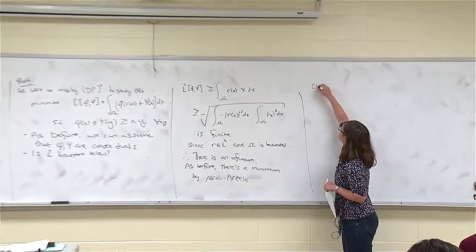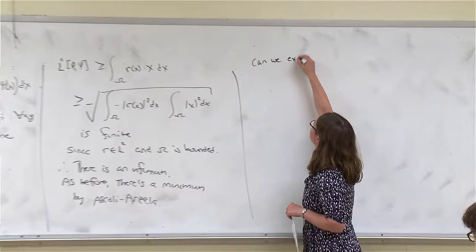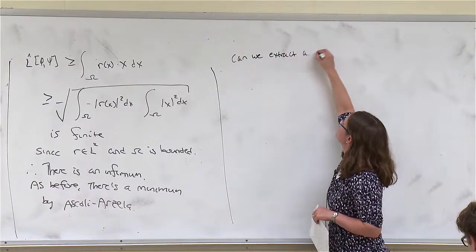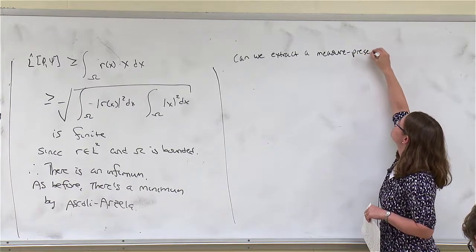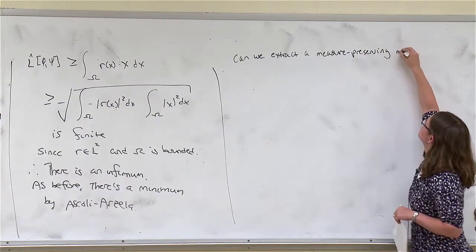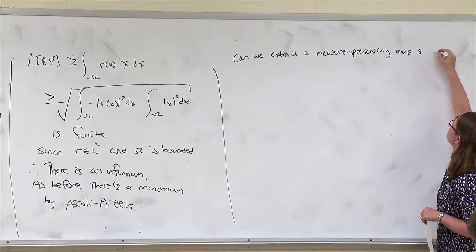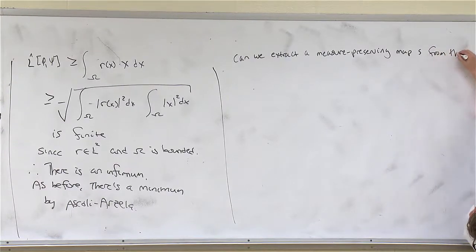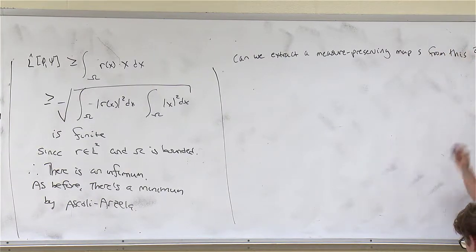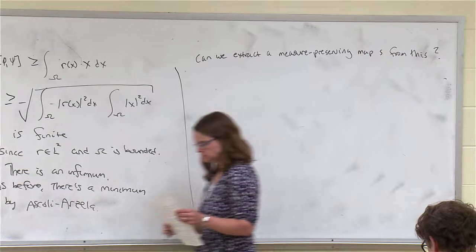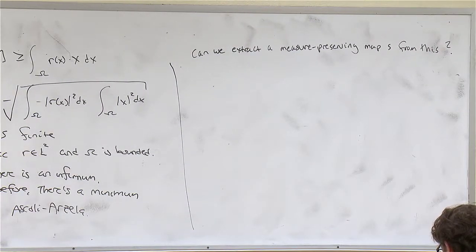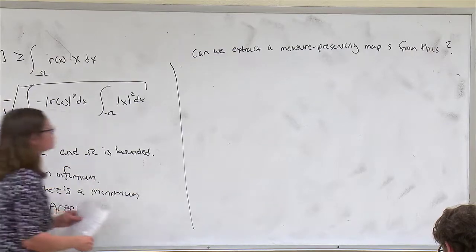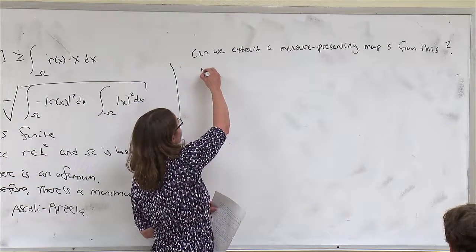So this is our question. Can we extract a measure-preserving map S from this problem? In other words, what do I mean by that?